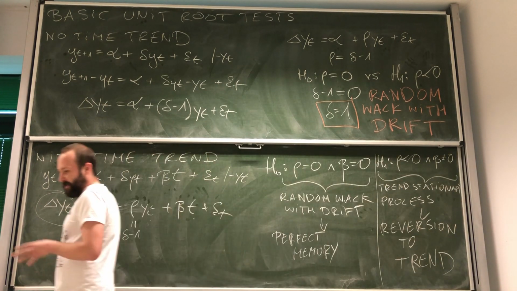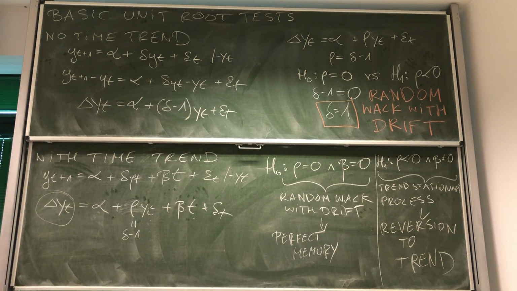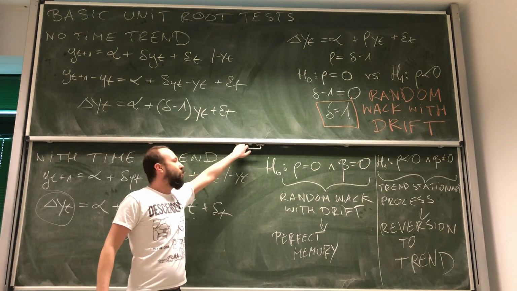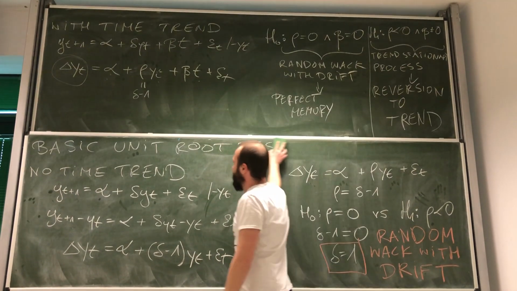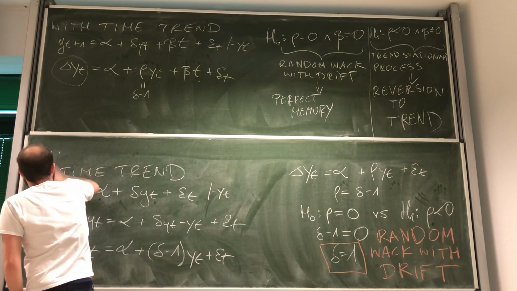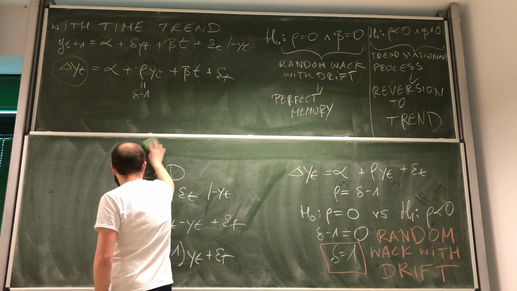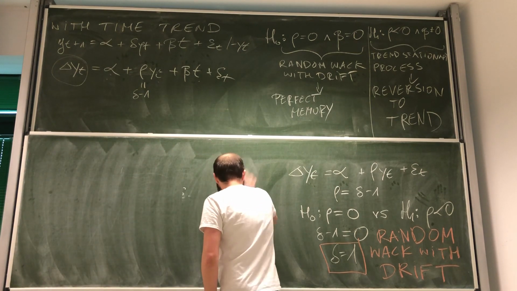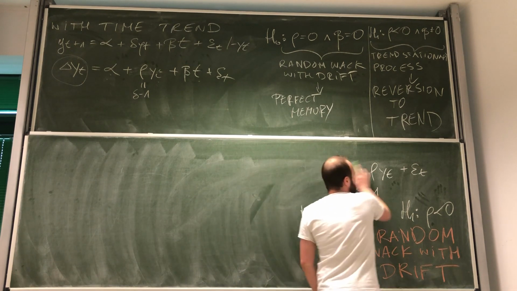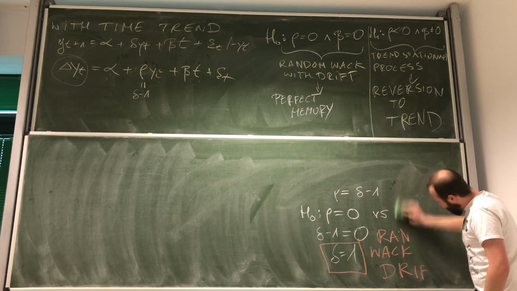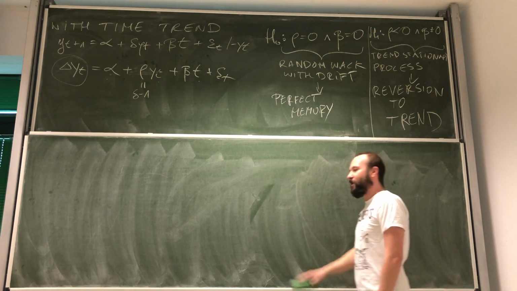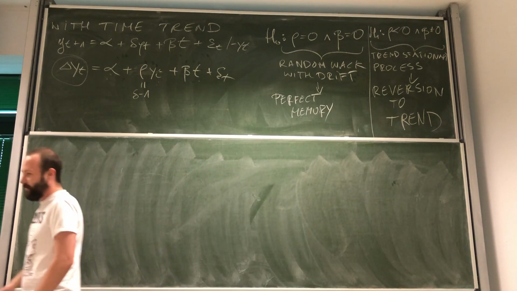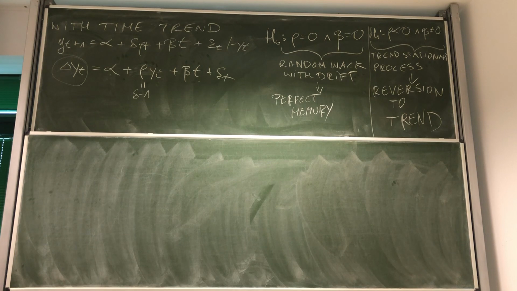Now, the second thing that I wanted to tell you is, in general, why we do unit root tests. And what does it mean that a given variable is stationary? Okay, this is not an econometrics class, so I just want to give you a very brief information on this subject.